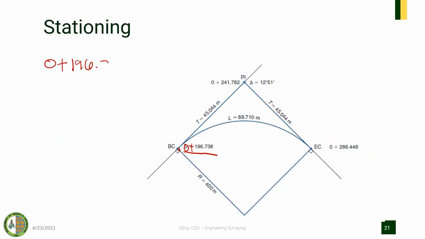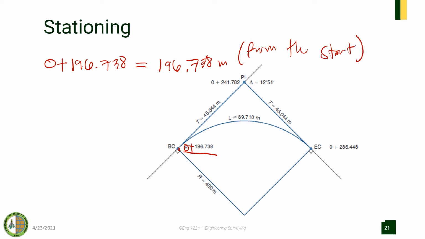Okay. So for this stationing, we have this example. As you can see, BC station is 0 plus 196.738.